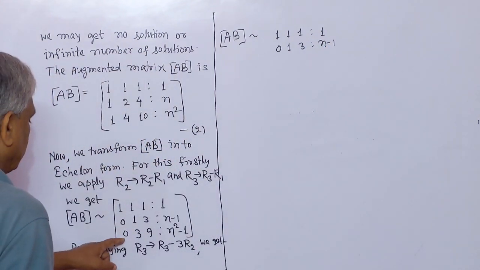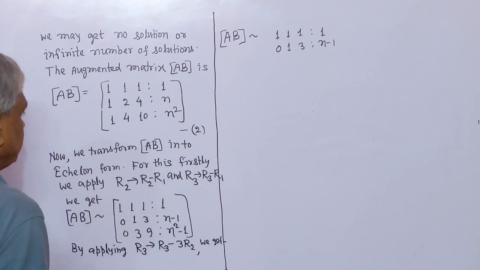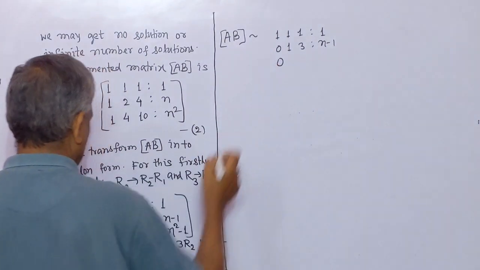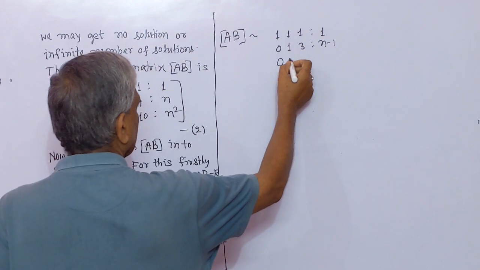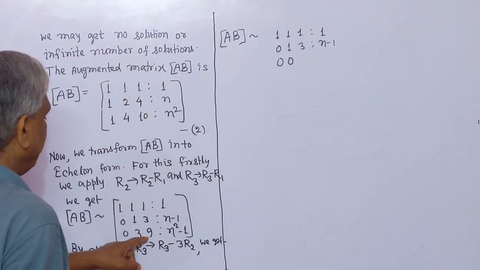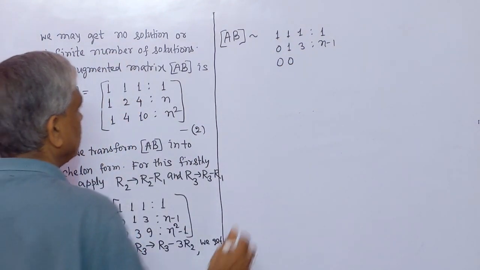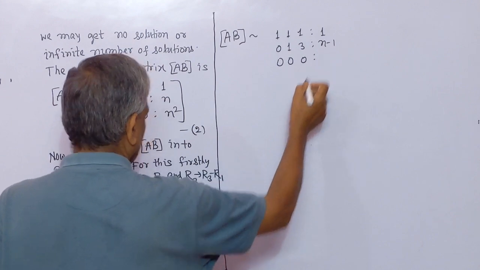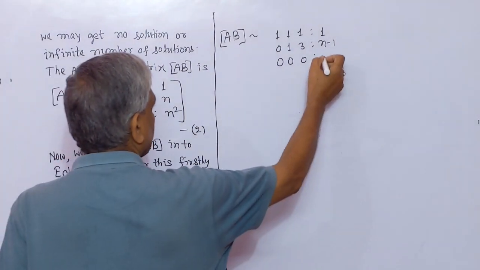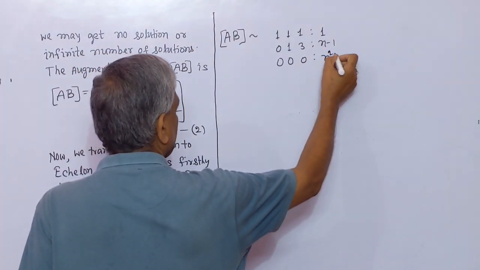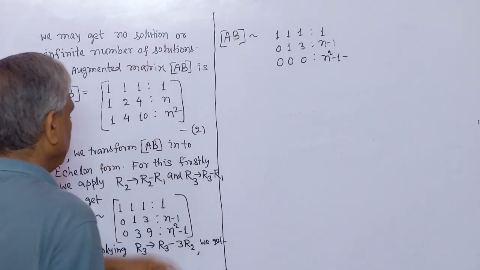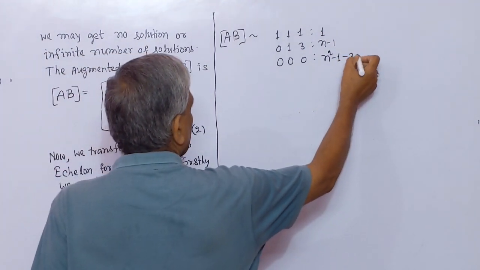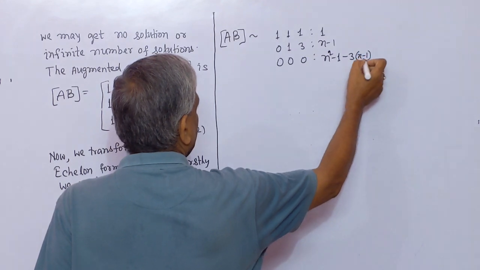In place of third row, 0 minus 3 into 0 is 0, 3 minus 3 into 1 is 0, here 9 minus 3 into 3 is 0, here eta square minus 1 minus 3 into eta minus 1.